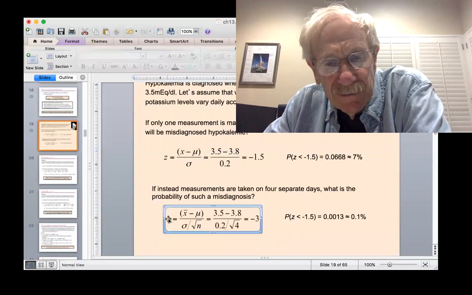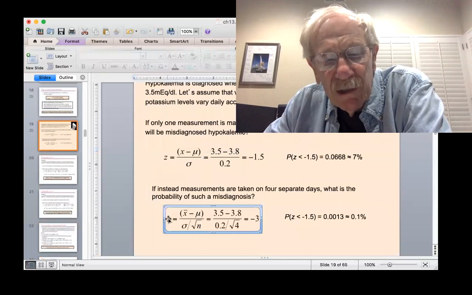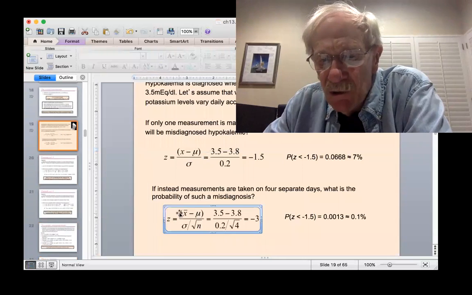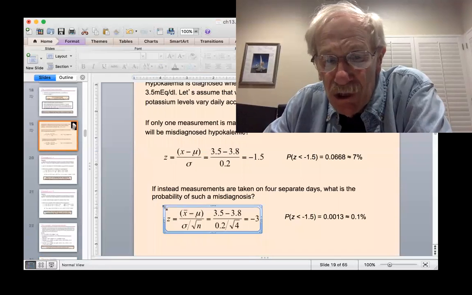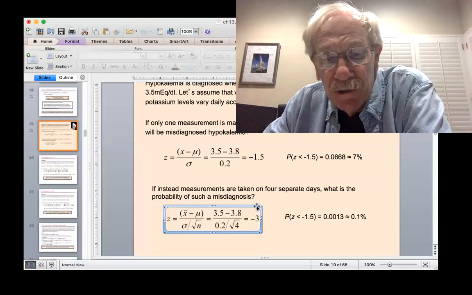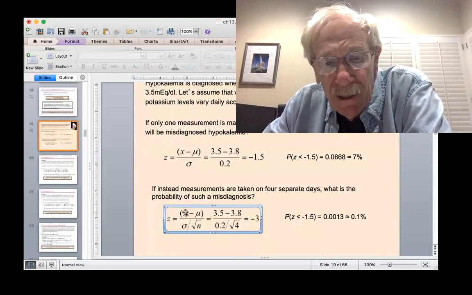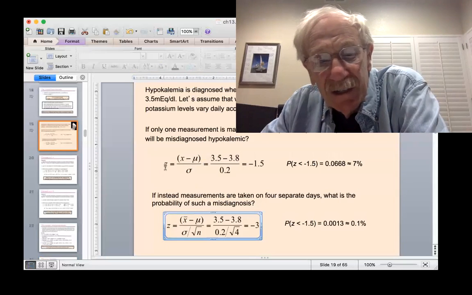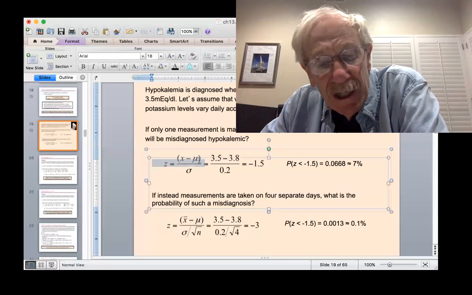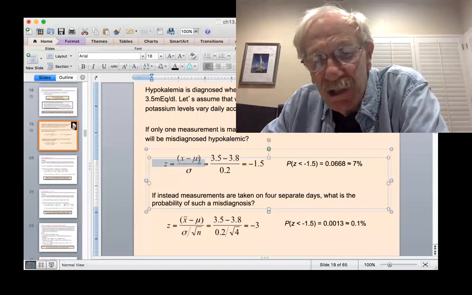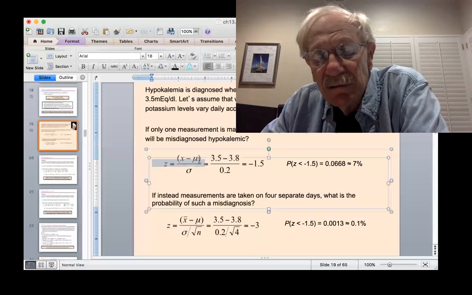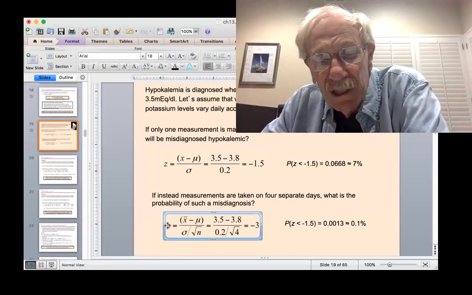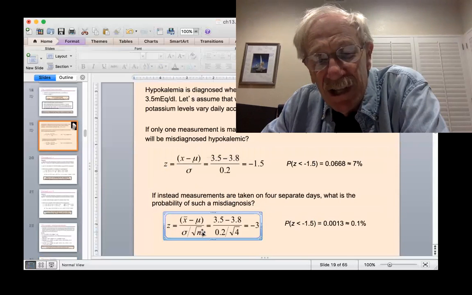And how do I know which one to use? Well, it turns out it doesn't matter which one you use, as long as if you use this bottom one, it'll always work. If you look at them, the difference is that the top one is when you have a single person in the sample. The bottom one is when you have n people in the sample.